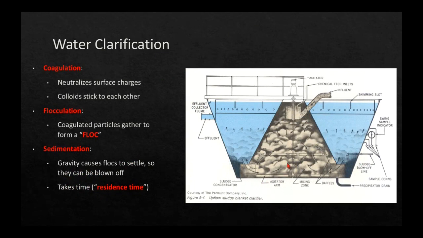So let's just take a look at this particular one. This is called an upflow sludge blanket clarifier. So what we have in there is a sludge blanket. And let's say that the sludge blanket, that looks like it's the top of it.